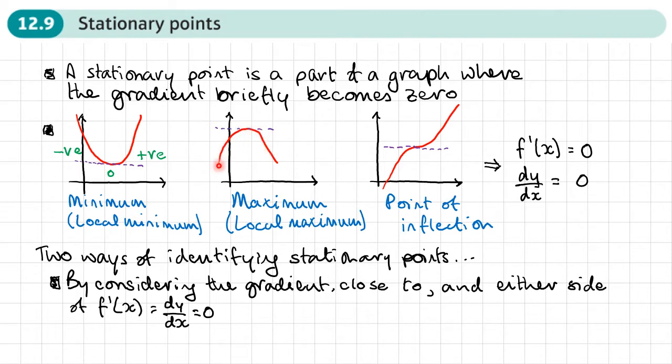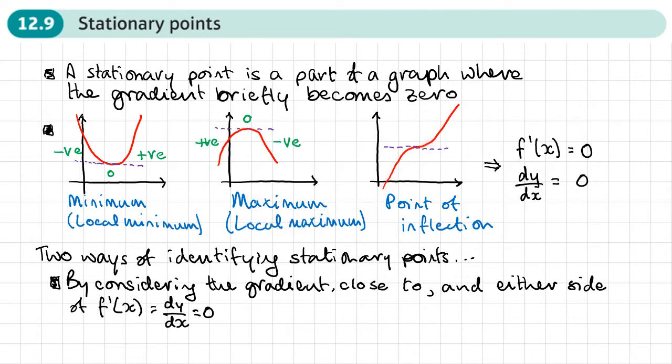Here, what's happening on this side of the stationary point is that the graph is increasing. There I have a positive gradient, then here I have a zero gradient, and then the gradient becomes negative as the graph slopes downwards. So if I see this pattern of positive, zero, and then a negative gradient, I know that I have a maximum or a local maximum.